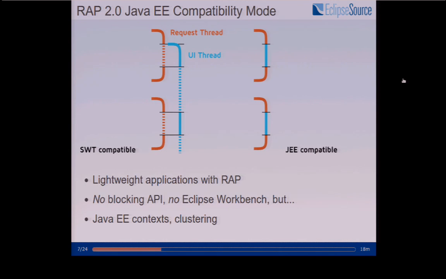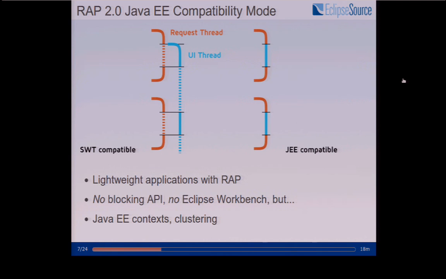On one of the first slides I was talking about the new JEE compatibility mode. If we are talking about a standard SWT application, you always have the UI thread, where you're doing the read and dispatch of the events, the main event loop. And this UI thread is always running.